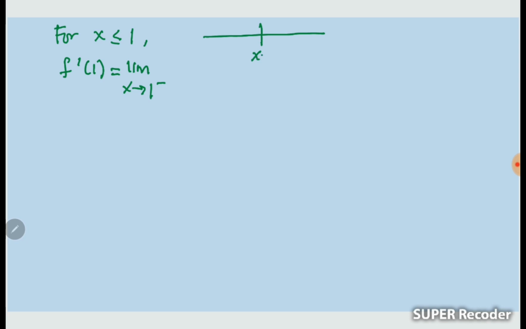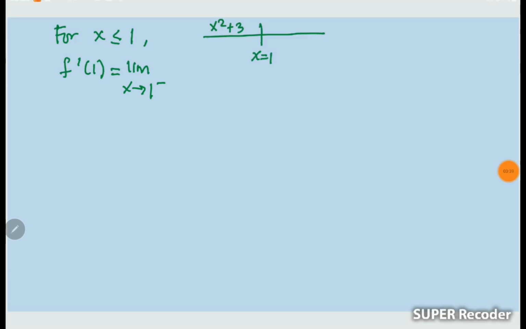This is the line x equals to 1. For x less than 1, the function is x squared plus 3. For x more than 1, the function is x plus 3. So substitute here, x squared plus 3 minus f(1). So f(1) is 1 plus 3, 4, over x minus 1.